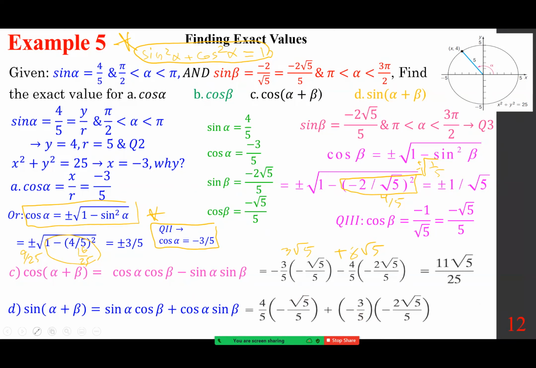This one is minus 4 square root of 5. The other one is plus, minus times minus is plus, 6 square root of 5. They add up to 2 square root of 5 over 25.